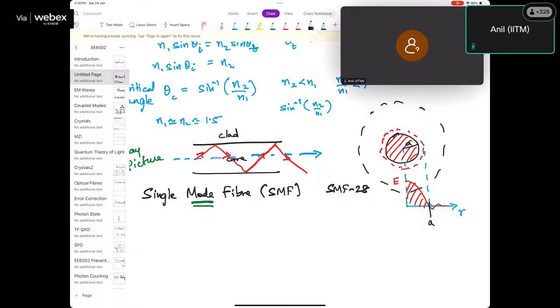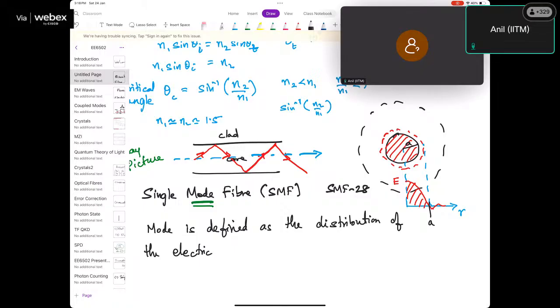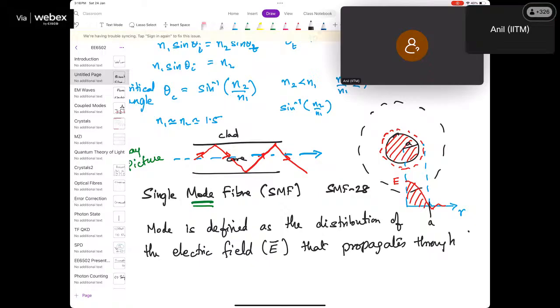That is because the mode is defined as the distribution of the electric field, represented by the letter E. It's usually a vector, so you put a vector sign, that propagates through the structure without any change. That's what we mean by the mode, right?